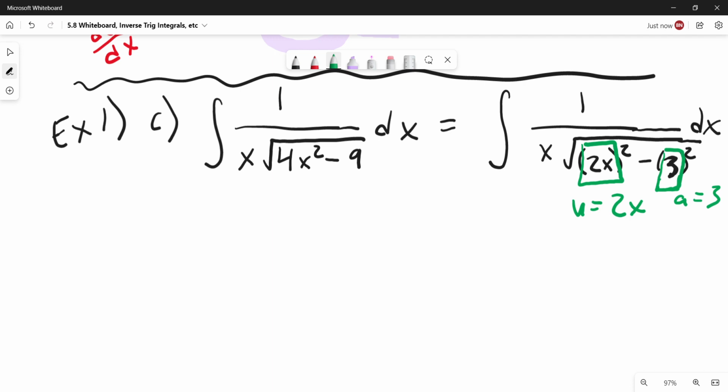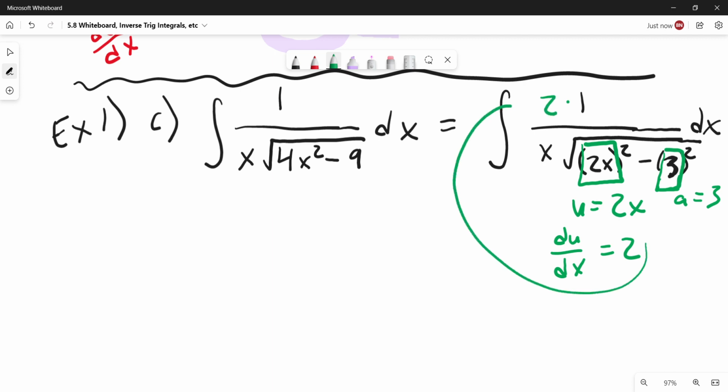Now notice we have two things going on here. If our u is equal to 2x, fine. Our du dx must be 2. What does that mean? That means we need this du dx up here in the numerator, right? So I need this to be multiplied by 2.